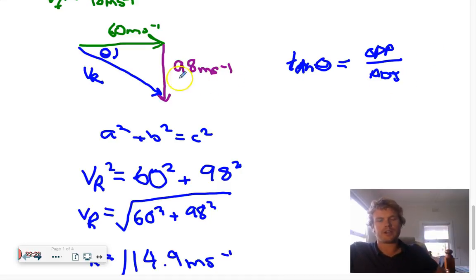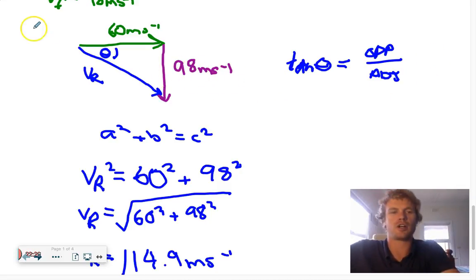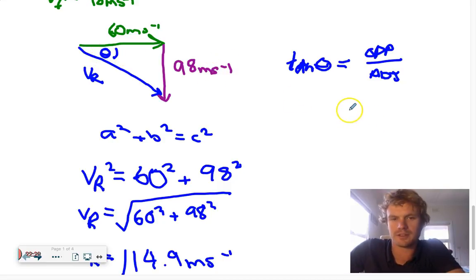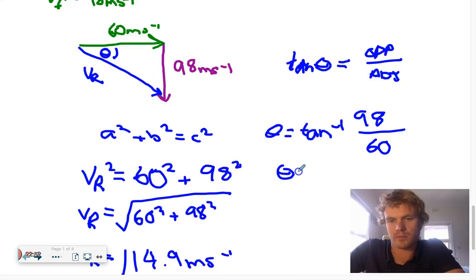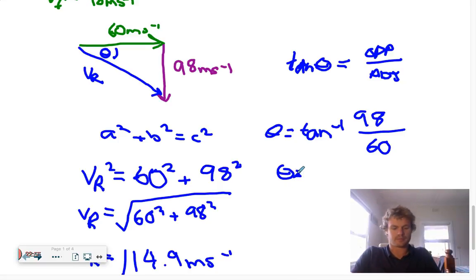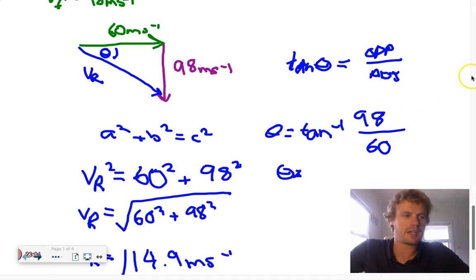If I rearrange and substitute in for that, my opposite side from the angle is 98 meters per second. My adjacent side is 60. And to find out the angle, take the arctan. And I find out my angle is going to be 98 divided by 60, tan to the minus 1. The answer it gives me is 58.5 degrees.